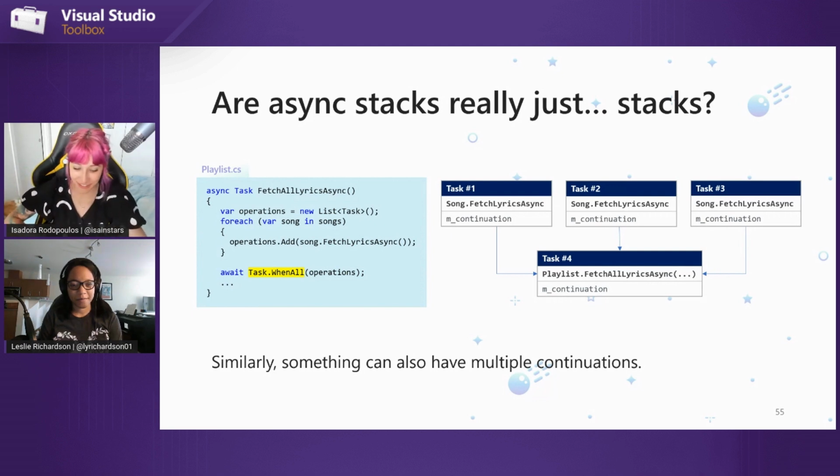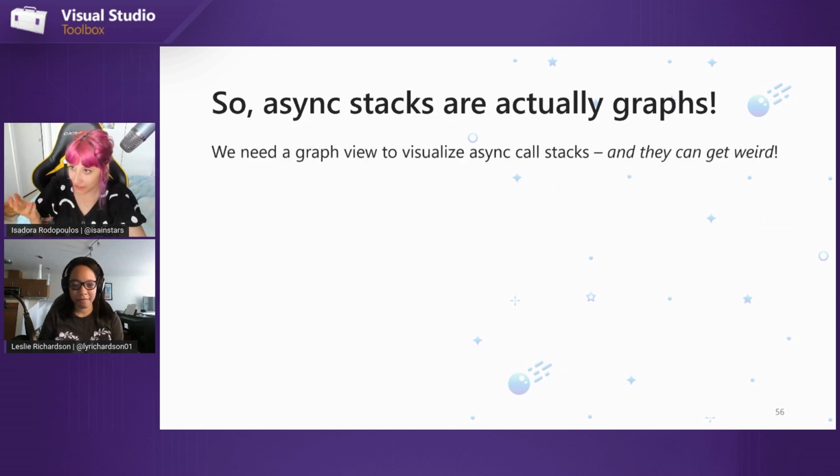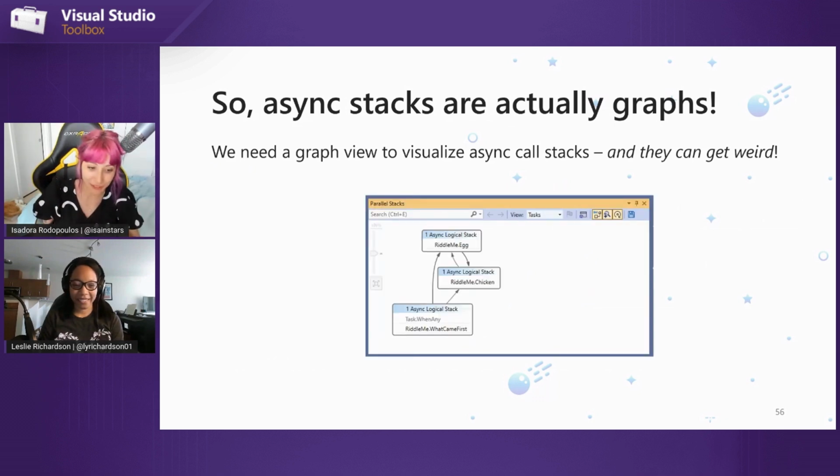Yeah, and not to fully spoil part 3 of our mini series on this, but that looks an awful lot like the Parallel Stacks tool window. Yes, precisely. And I even have a screenshot here. Async stacks are actually graphs, as we have seen, and they can get really weird, even weirder than we have seen before. So for example, here I have a chicken and egg problem.